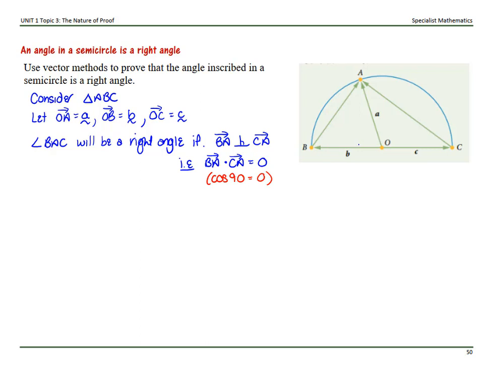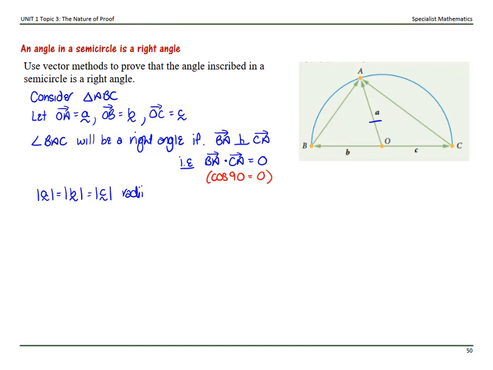Now with that diagram, we can see that the magnitude of vector A, vector B, and vector C have to be the same because they're radii. So let's start by looking at BA, which is this vector here. BA is going to be BO plus OA.